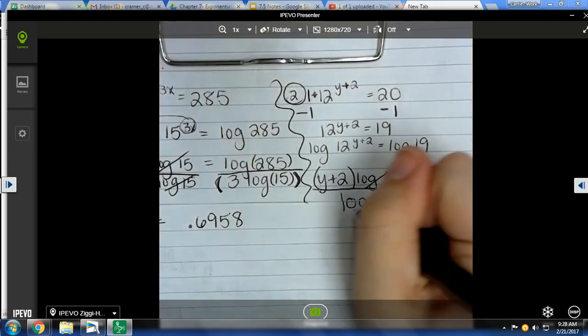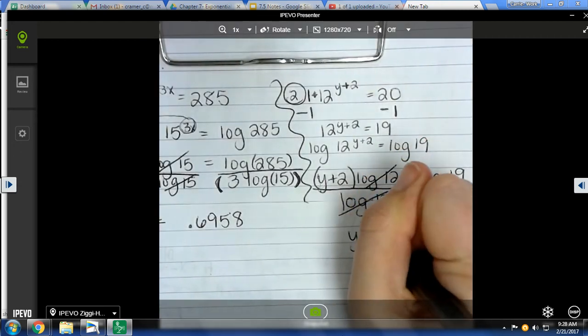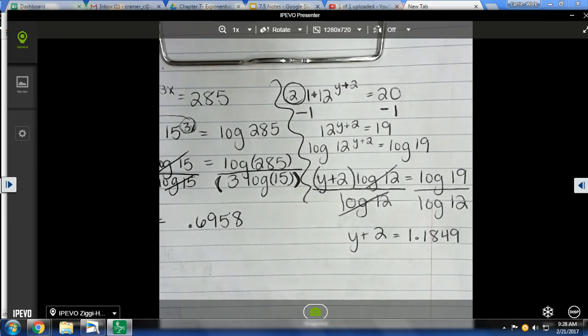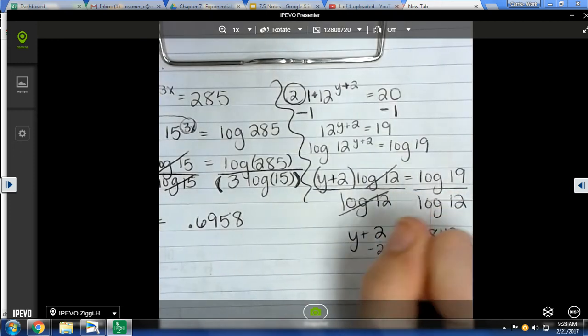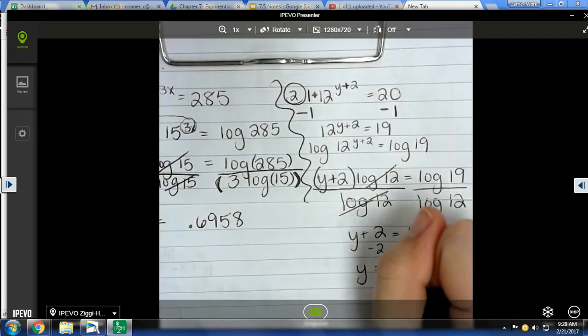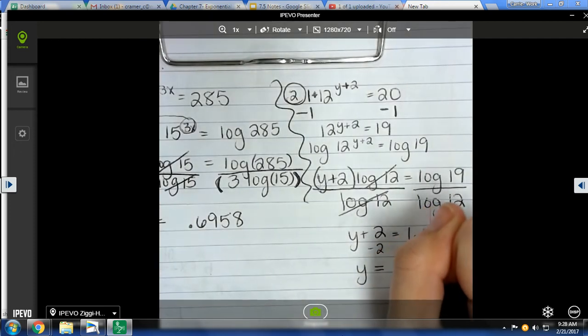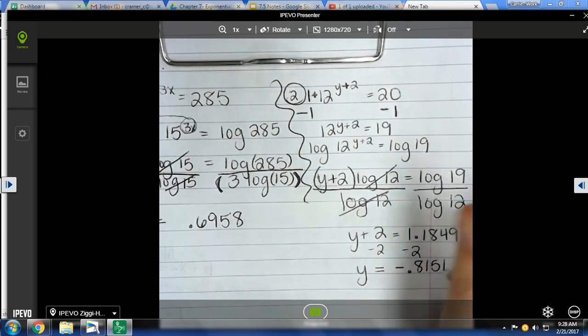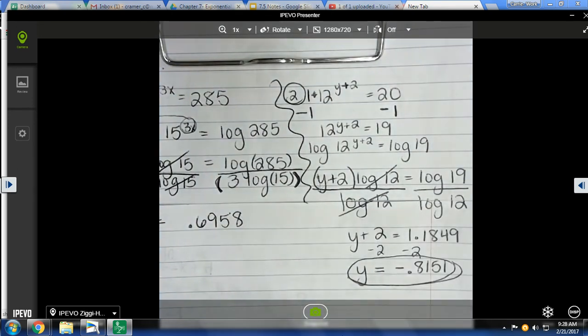And that would give us over here just y plus 2. And then we can subtract 2 from both sides. And we get y equals negative 0.8151. And that would be our answer.